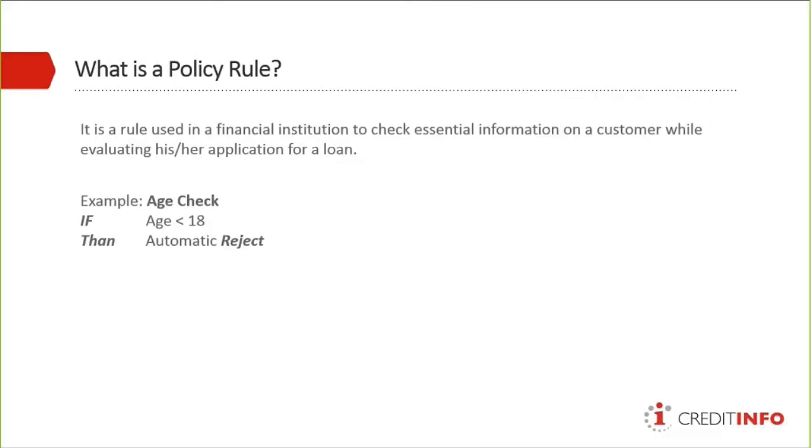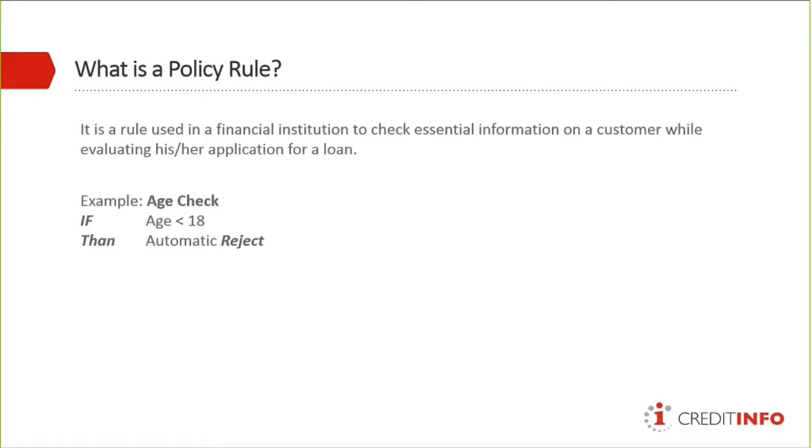What is a policy rule? For people who are used to working with banks and bureaus, a policy rule is a rule used by financial institutions within their organization to evaluate a customer while they're evaluating an application for a loan.